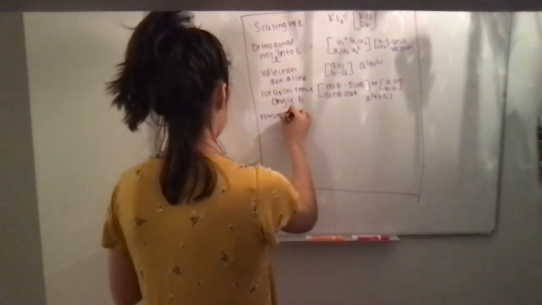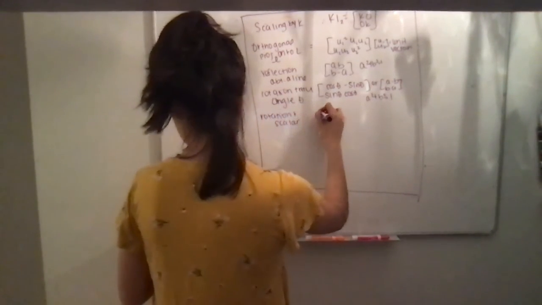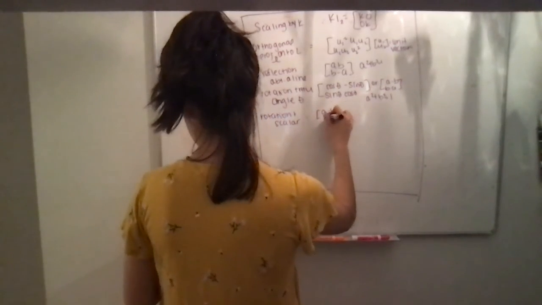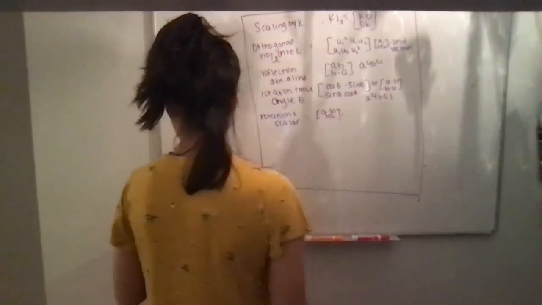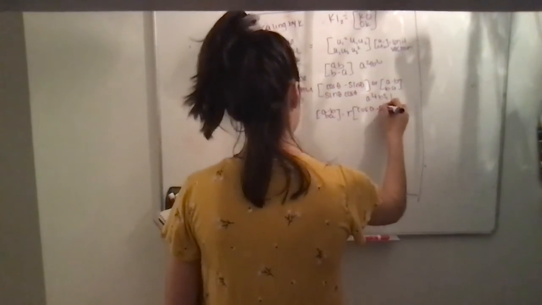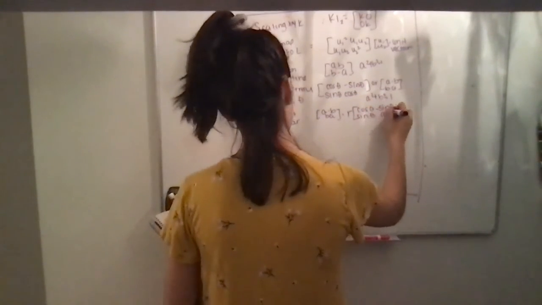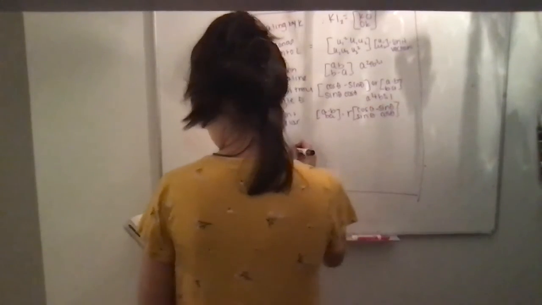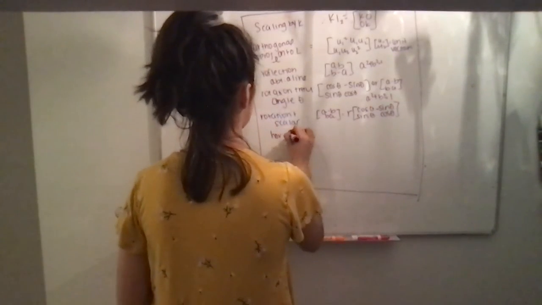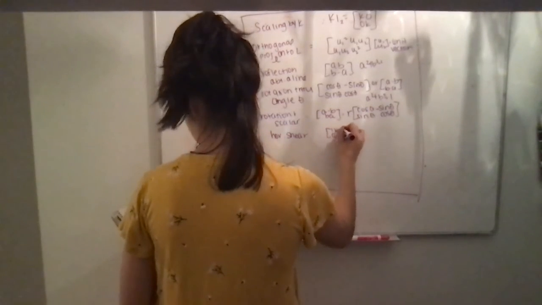Rotation plus scaling: [a -b; b a], in other words, r times [cos theta, -sin theta; sin theta, cos theta]. Horizontal shear: [1 k; 0 1].